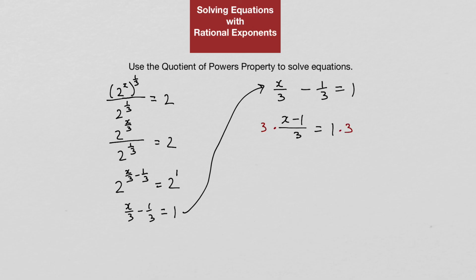And we get x minus 1 is equal to 3, because these cancel out. Okay, and then the last step is resolving this negative 1. We want to move this to the other side of the equation, and to do that, we need to add 1 to both sides. And then the net result is x is equal to 4. And that is our answer.